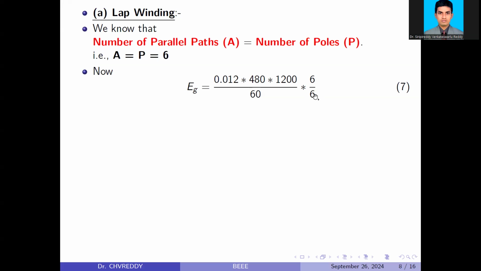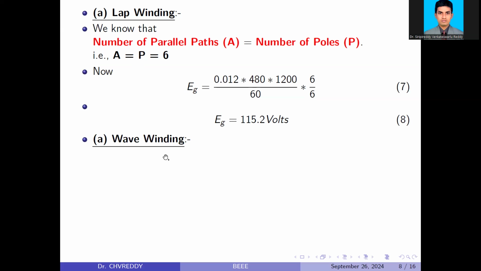Because they have given lap winding, and for the lap winding the condition is that the number of parallel paths is equal to the number of poles. After simplifying this equation, you will get the generated EMF equal to 115.2 volts.